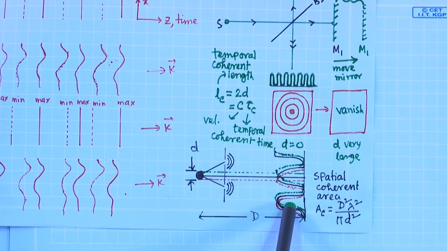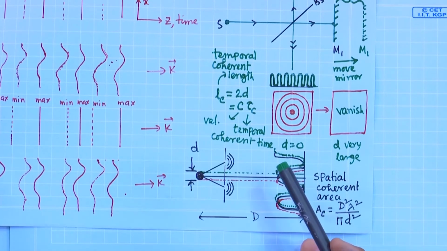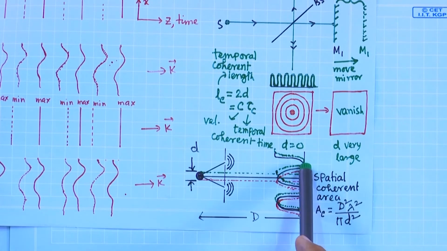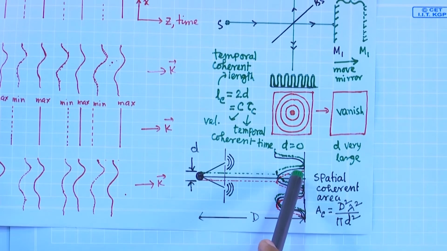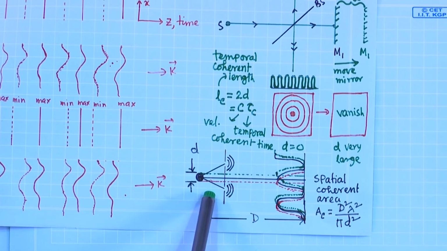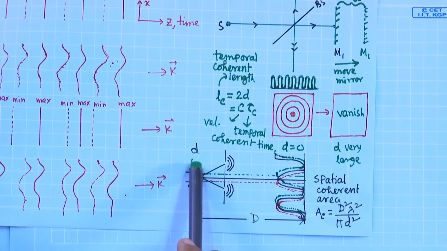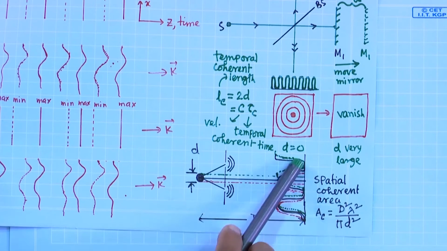What you are seeing is a broadening of the interference fringe, and then the minimum of one overlaps with the maximum of another. This is happening due to the many point sources, meaning the larger size of the source. So we will lose the coherence.